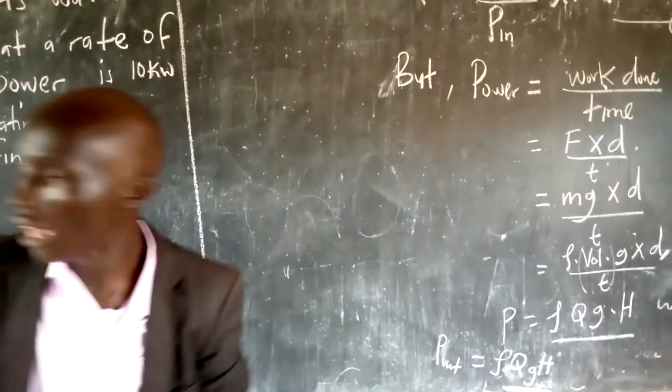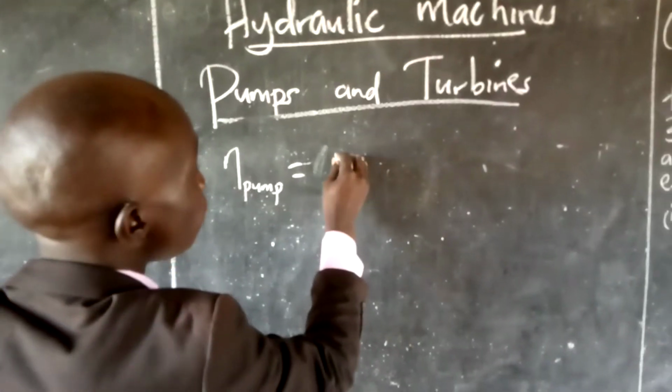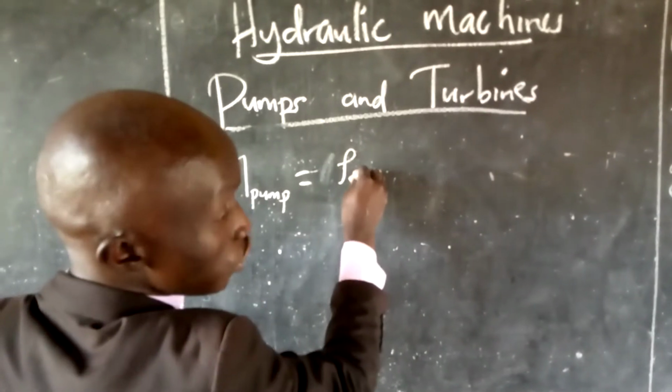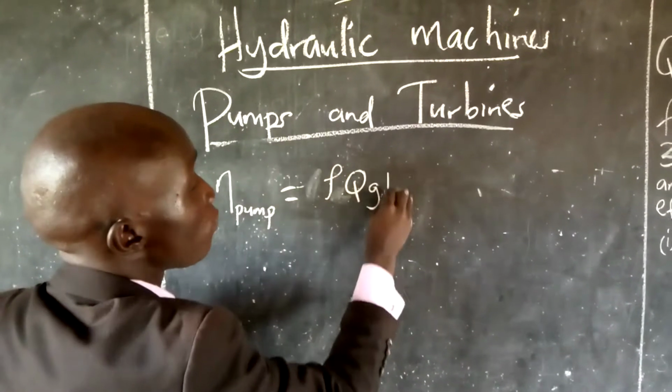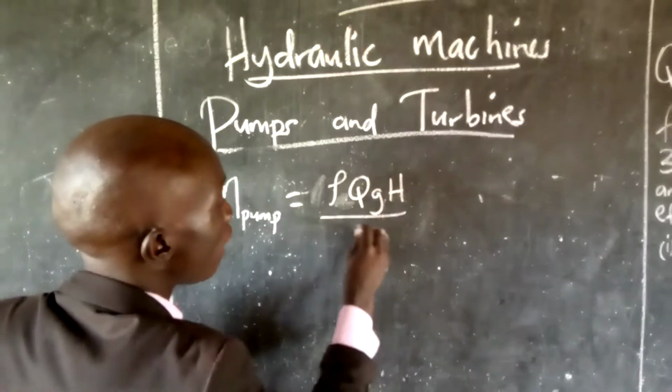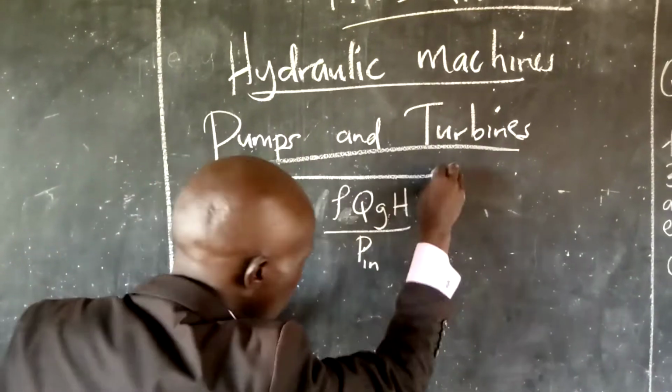I can take this formula and substitute it back here. So efficiency of the pump is going to be equal to power output, which is going to be density times the discharge Q times the acceleration due to gravity g times the head of the pump, divided by the power input. We get? So this is the master key.